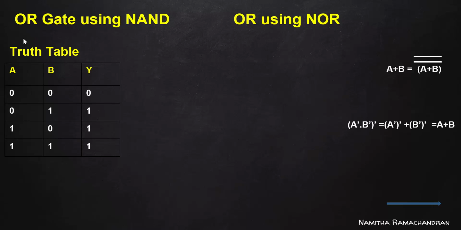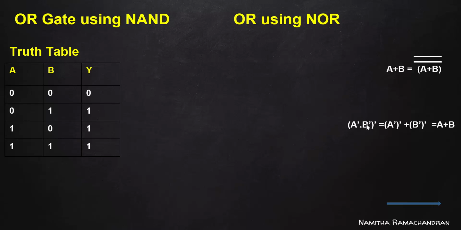Now we can consider this one, OR implementation using NAND, which is like our AND implementation using NOR. Take the complement of A input and B input separately. Then pass these two, A complement and B complement, as input of another NAND gate.